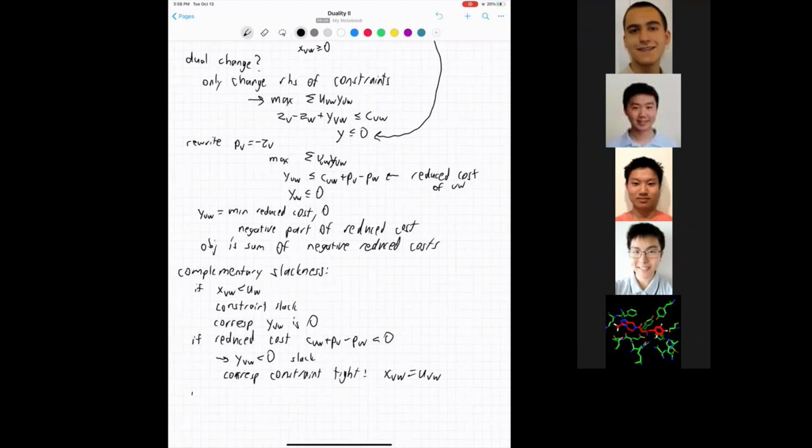What if the reduced cost, CVW plus PV minus PW, is greater than 0? Well, that tells me that YVW, which is at most 0, is going to be less than CVW plus PV minus PW, which means that the constraint is slack.